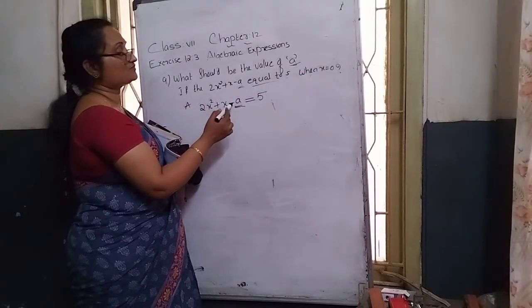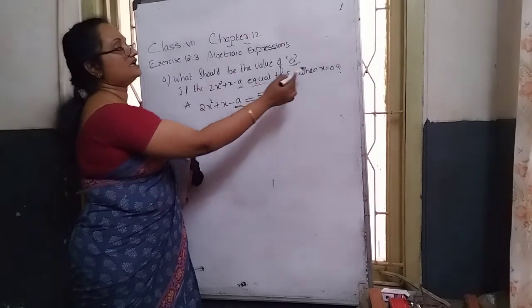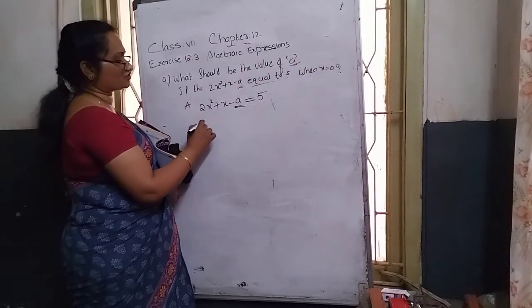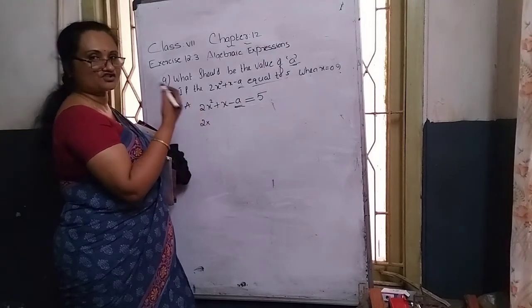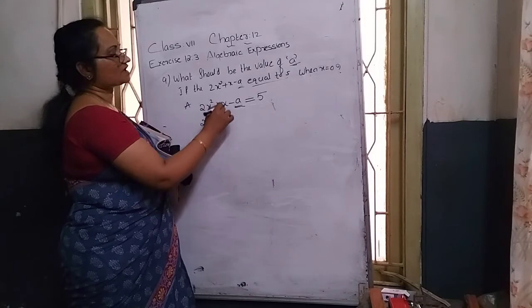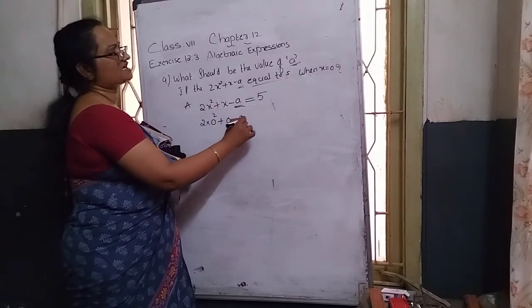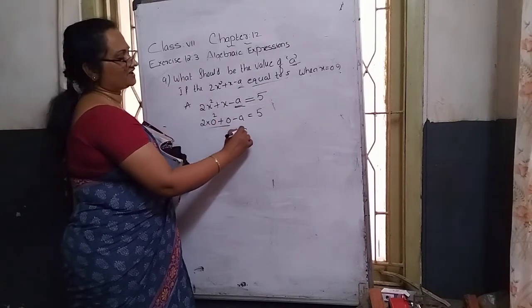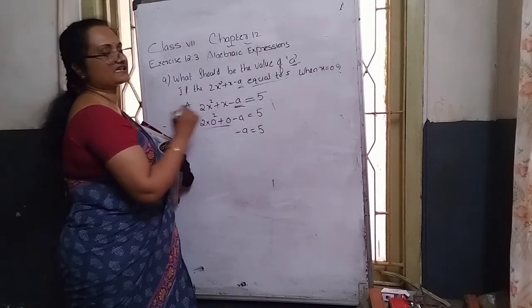Which alphabet? x. In that x place, which value do we substitute? 0. So we can write 2 into x square, x value is how much? 0 square, plus x which is 0, minus a equal to 5. So the full term is 0, leave it. So we get the answer as minus a is equal to 5.